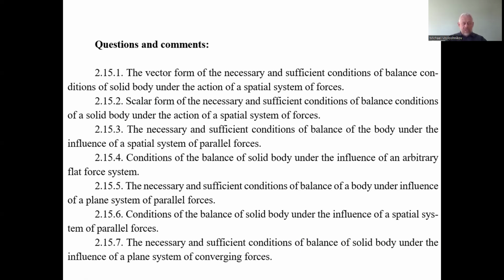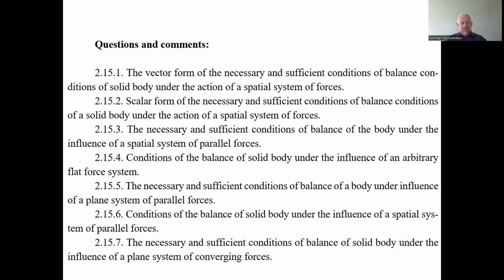For the other axes we don't consider the total of the projections, because the forces are perpendicular and have 0 projections on the perpendicular axes. And the rotating moment of these forces relative to any reference point, maybe the origin of the coordinate system, has to be equal to 0.